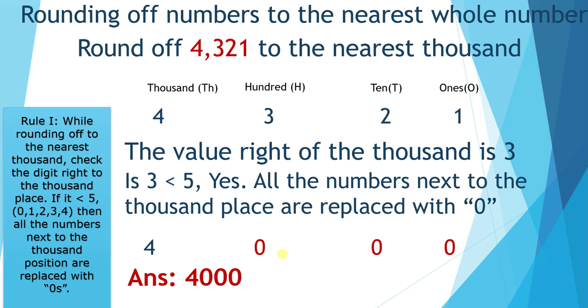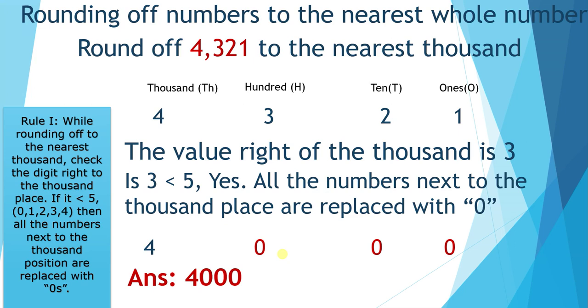So the value right of the 1,000 position is 3. So when you look at the labeling that you did, the right to the 1,000 position is what? 3. And you ask yourself, is 3 less than 5? Yes. So all the numbers next to the 1,000 place are replaced with zeros, just as the rule on the left tells us.